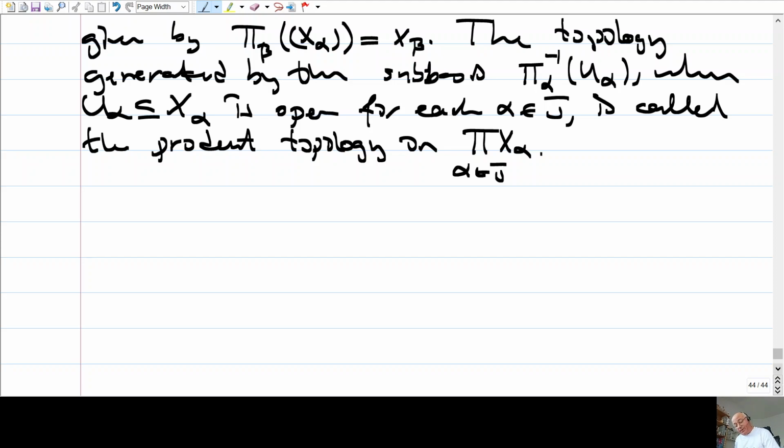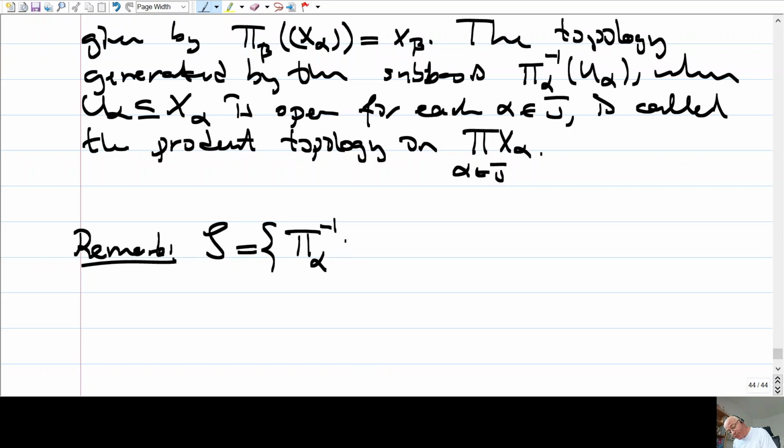So what's the basis then? So my sub-basis is this. Inverse images of U alphas, right? Alpha is an index set and U alpha is an open set.